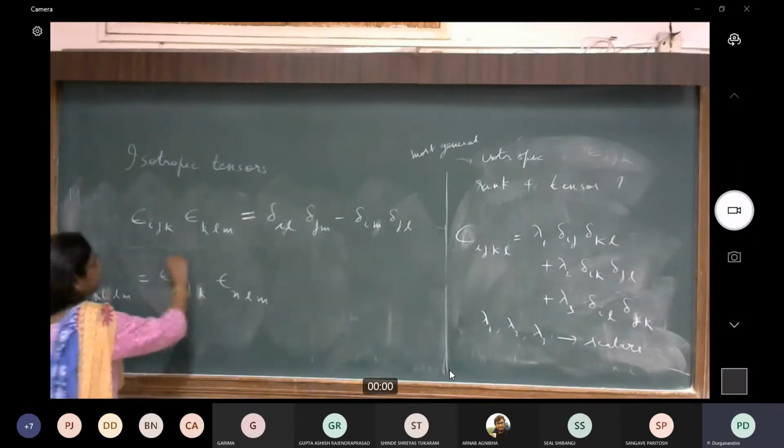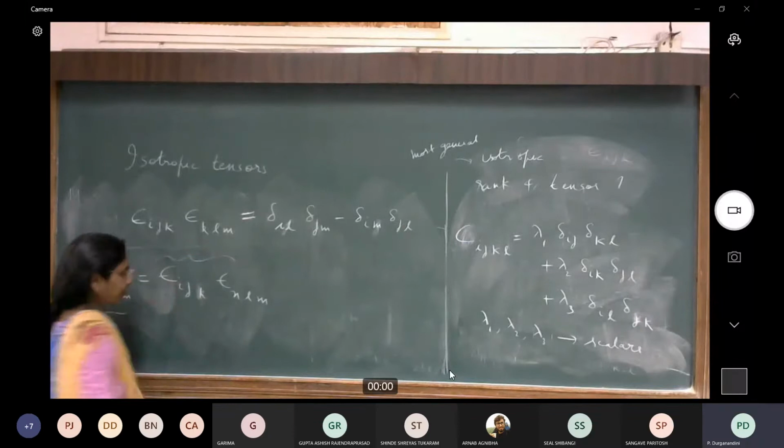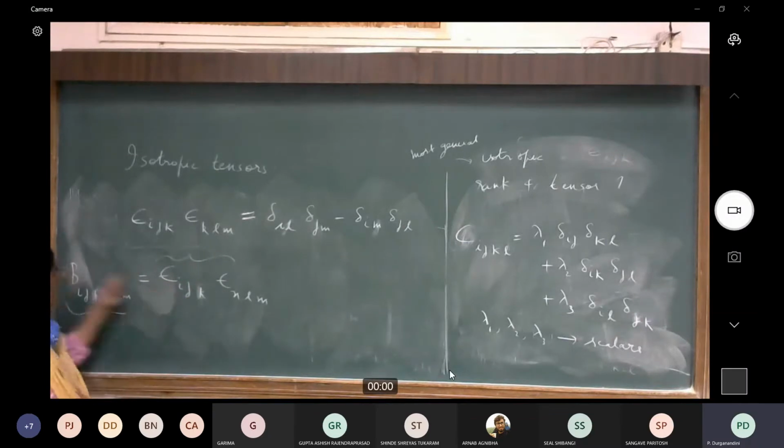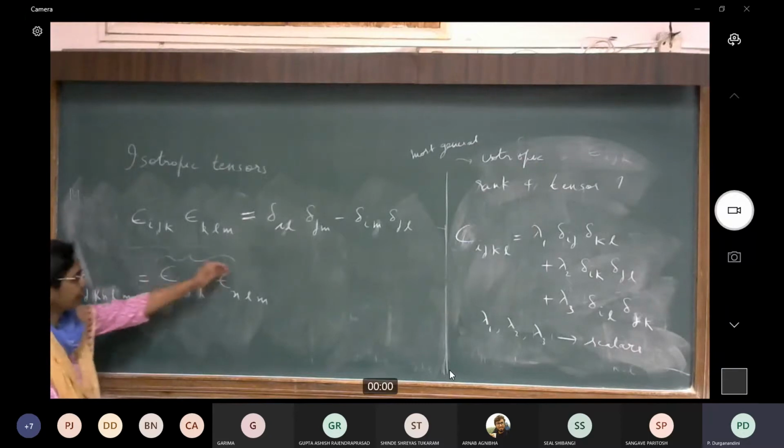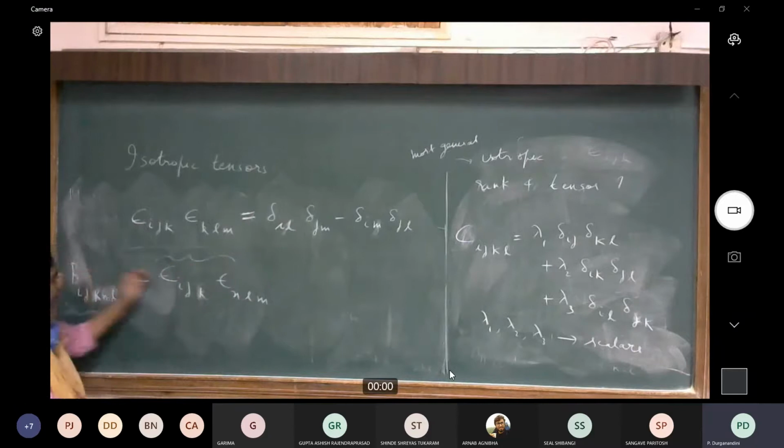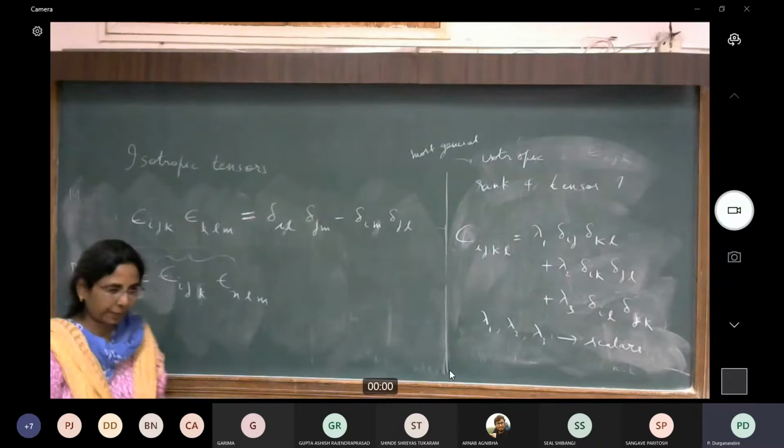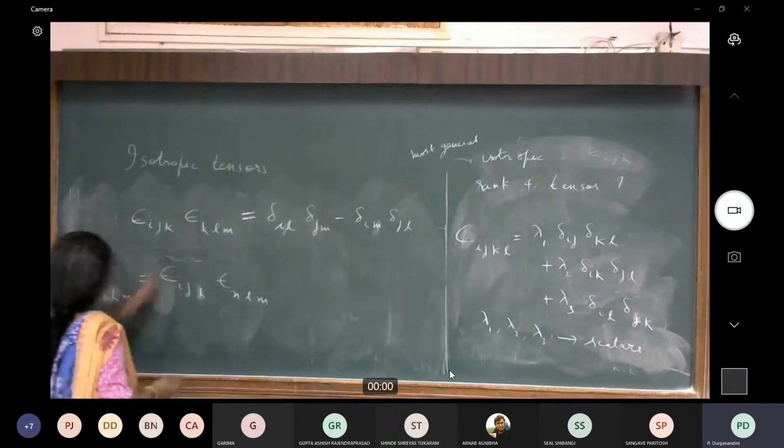Now on the right hand side, this is an isotropic tensor because epsilons are isotropic. Using the same argument which I gave initially, you can show that this 6th rank tensor is also an isotropic tensor, because B prime will be equal to epsilon prime times epsilon prime, and since epsilon prime is the same as epsilon, B prime will be the same as B. So this is a 6th rank isotropic tensor.